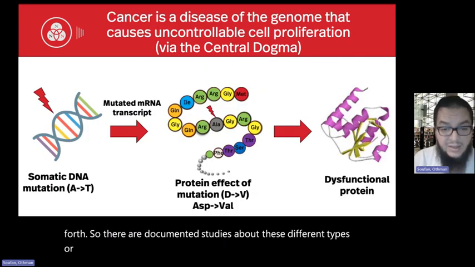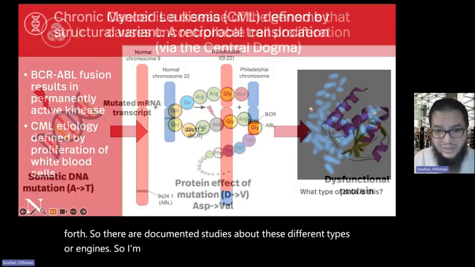So there are documented studies about these different types of genes. I'm going to stop sharing the screen here, because what I want to do is actually open the IGV viewer and go through some quickly. I have a window here. Where's my window?